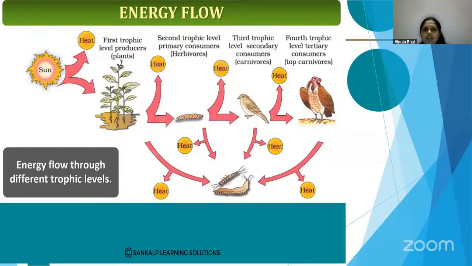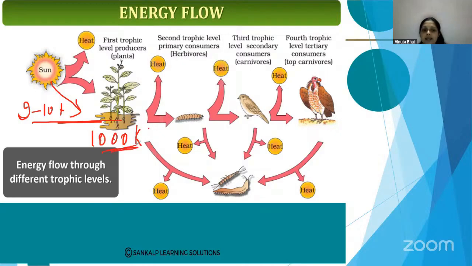Then there is a law: only 10% of the energy is transferred to the next level, and the remaining is lost in the form of heat. Only 2 to 10% of the solar radiation is absorbed by the plant. Just imagine the plant produced 1000 kilocalories of food.